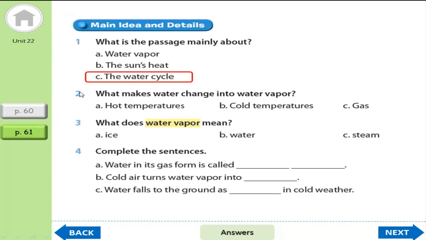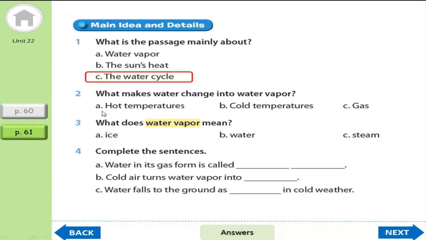Okay, now question 2. What makes water change into water vapor? So when it becomes water vapor, what makes water change into water vapor?